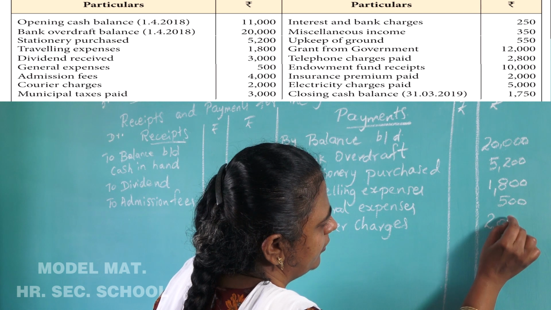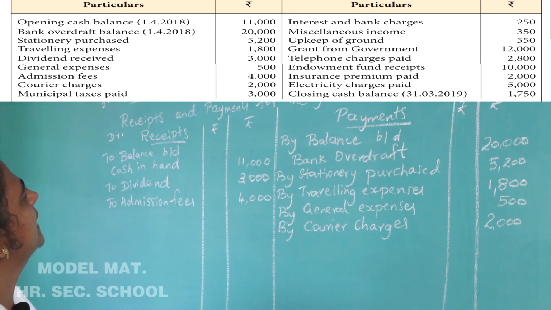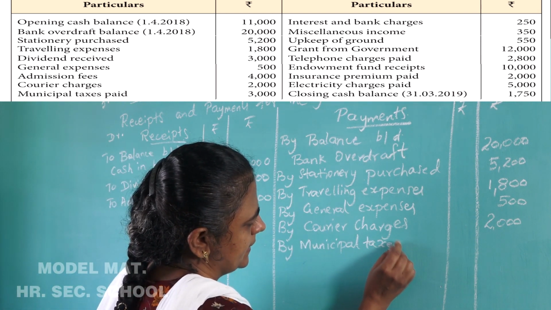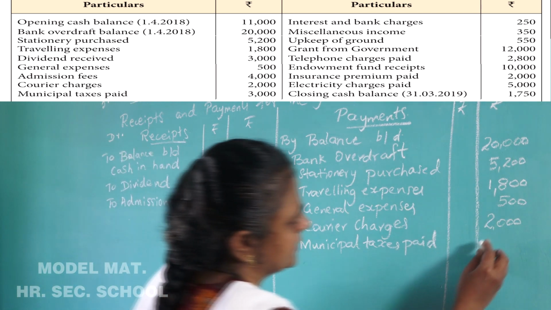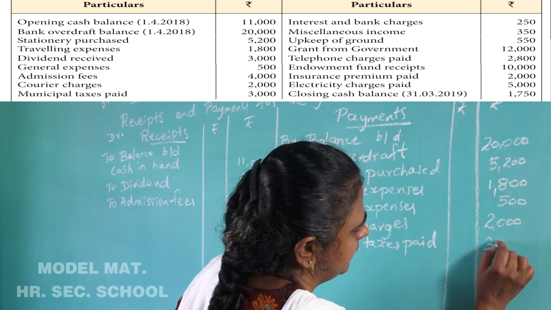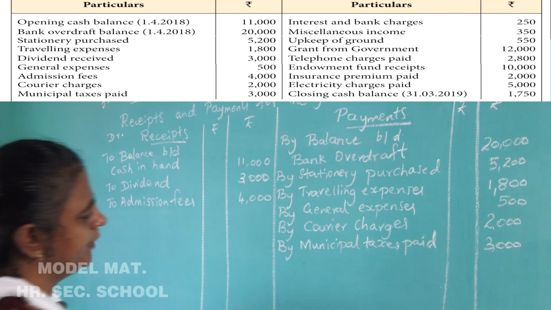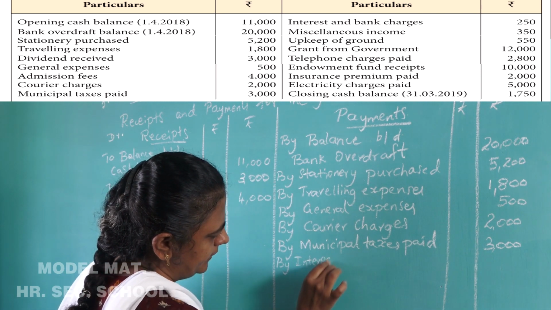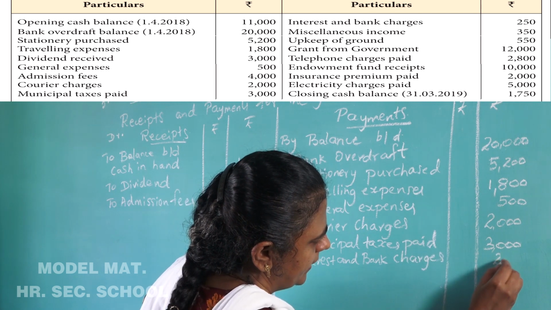You have to pay for it. It's a payment. Next, municipal tax paid. By municipal taxes paid, municipal taxes paid is 3,000. Interest and bank charges 250. Again it is an expense. By interest and bank charges 250.